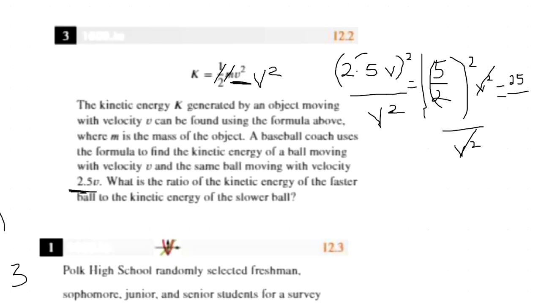Now it means the ratio of the kinetic energy of the faster ball, that's with 2.5 v velocity, to the initial ball or the slower ball would be 25 over 4. And you are done.